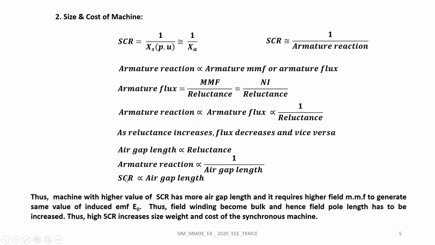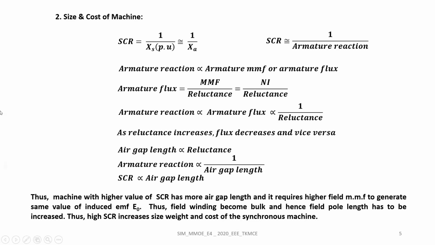So as air gap length is more, the size of the machine will increase. As the size of the machine increases, the cost of the machine increases. So SCR is directly proportional to cost and size of the machine. From here it is concluded that a machine with a higher value of SCR has more air gap length, and it requires higher field EMF to generate the same value of induced EMF E0.